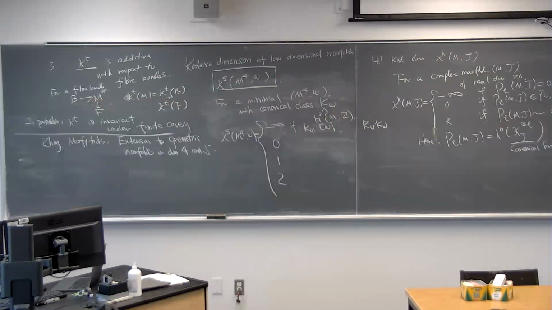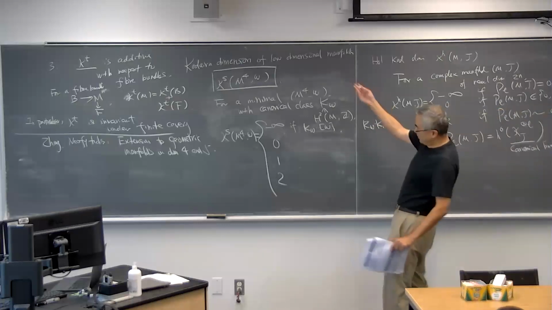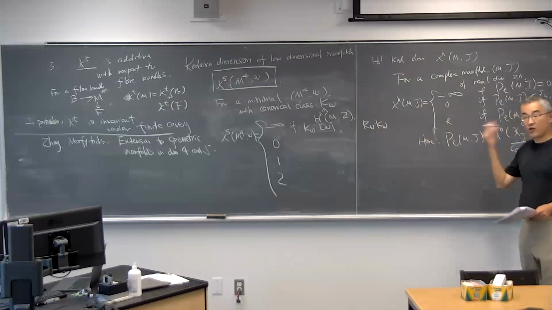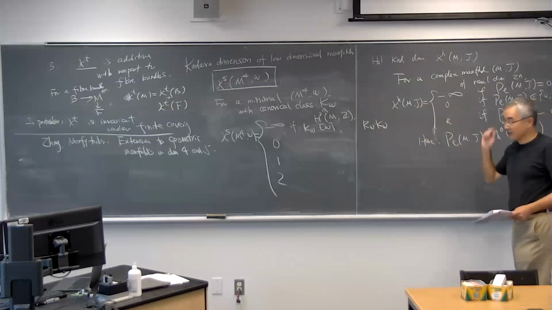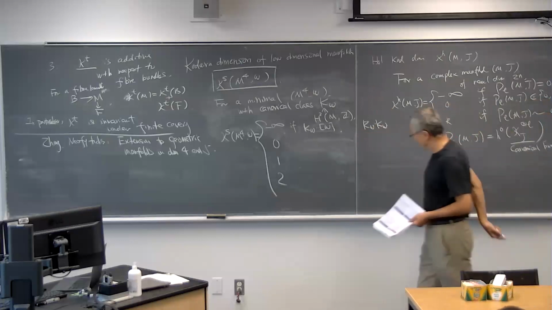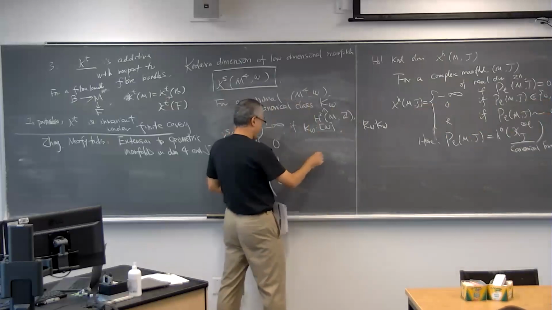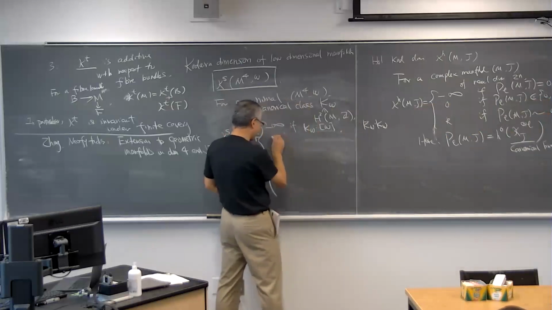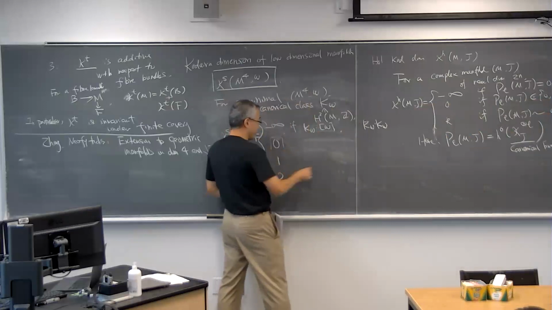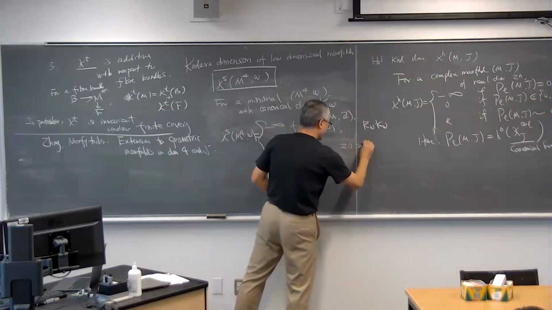You cup product two degree 2 cohomology classes, you get a top degree cohomology class, you evaluate on M. I assume it's closed, so the 4-manifold has an orientation, so you can evaluate your degree 4 cohomology class. So here, I start with 0. This is the case if both are equal to 0.